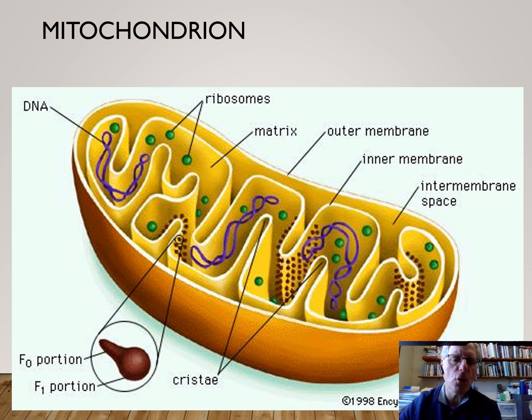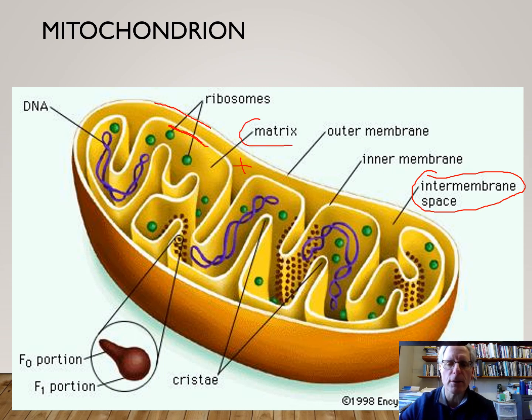Mitochondria have two sets of membranes, an inner mitochondrial membrane here, and an outer mitochondrial membrane here. And where I put the X here, that's the intermembrane space. Within the inner mitochondrial membrane is the matrix.